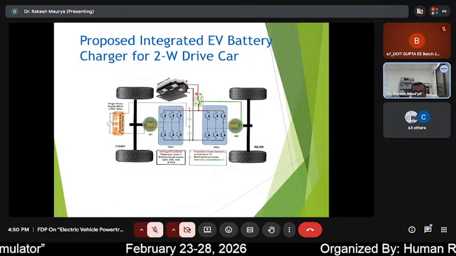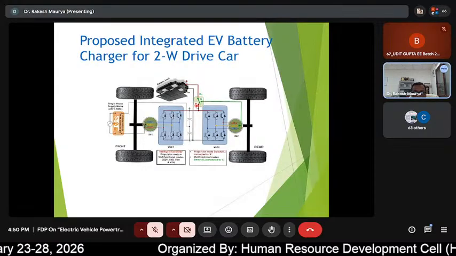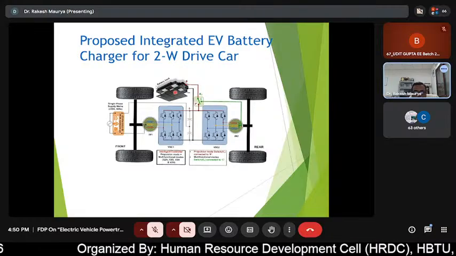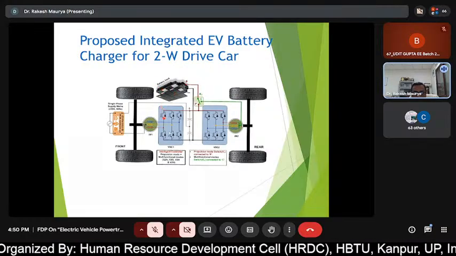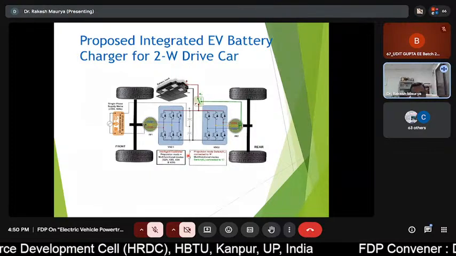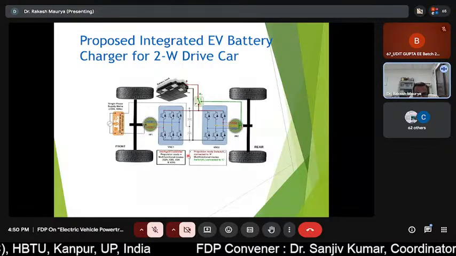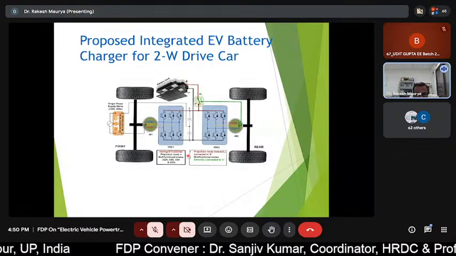So whenever this relay is connected to point P, the motors run, and the entire system is running as a vehicle on the road.